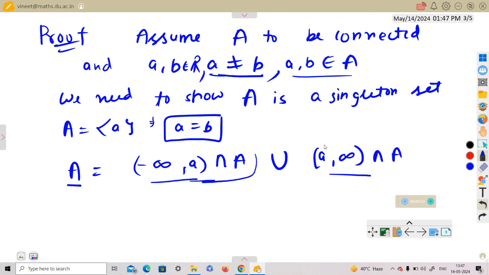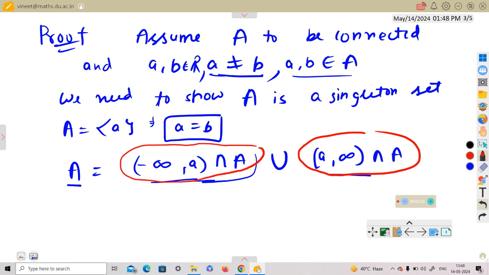Either this is an empty set or this is an empty set. Now since a belongs to A, (a to infinity) intersection A is not empty because it has a.